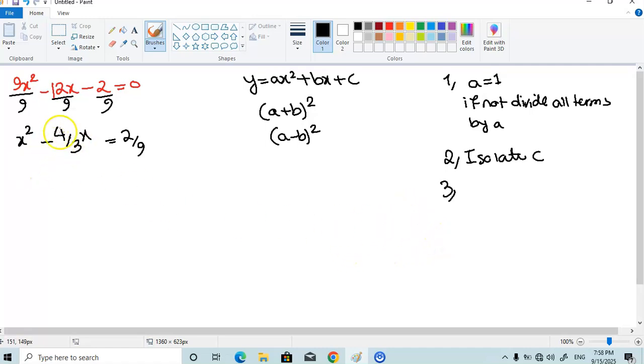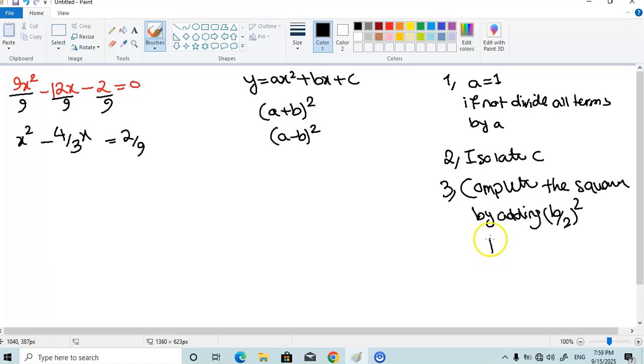Which b? The b you created by making a 1. So you have to complete the square by adding b over 2 to the power of 2 to both sides of the equation.